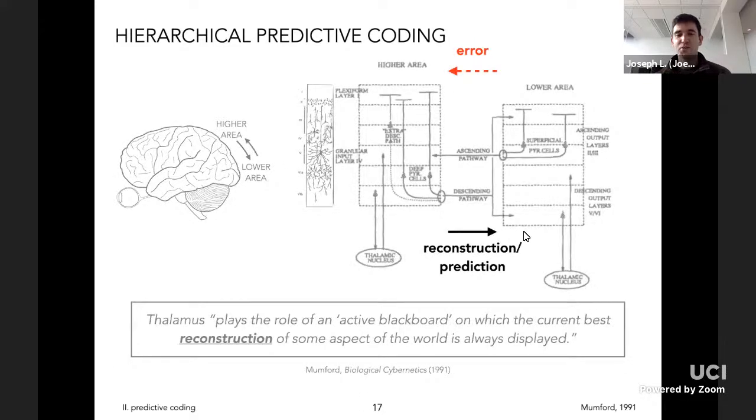So you can think of this as reconstructions or predictions coming down the hierarchy, and then what's passing up the hierarchy is something like an error signal, saying you didn't predict this or reconstruct this properly, and you need to update your latent internal estimate of what's going on. So this is a generative view of processing in neuroscience, which is different than the typical bottom-up view that we usually get.